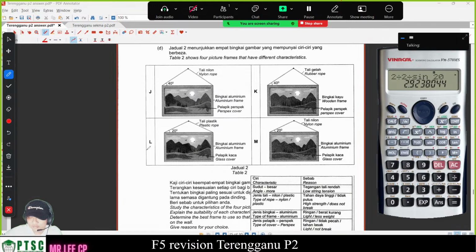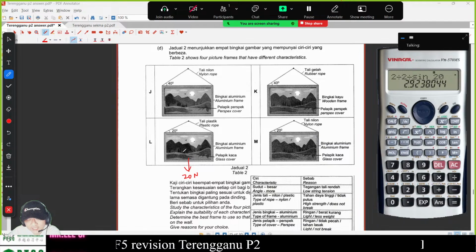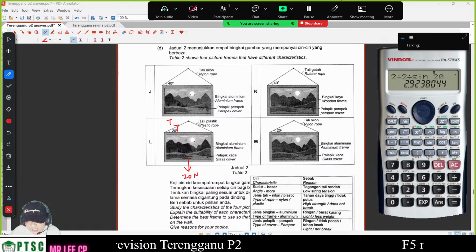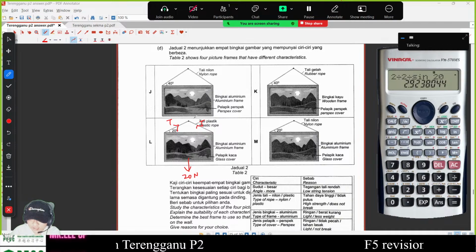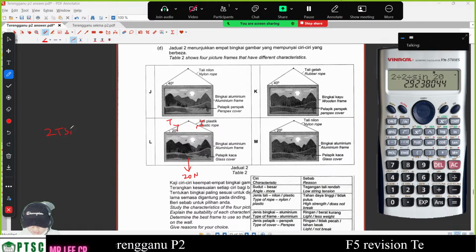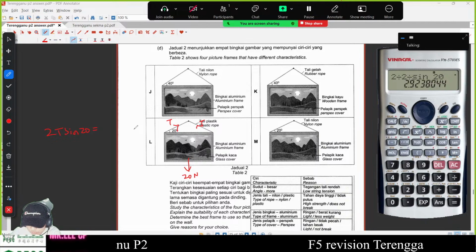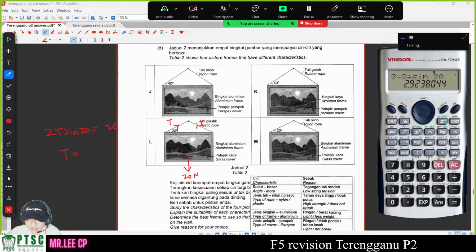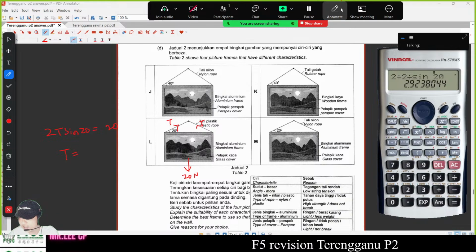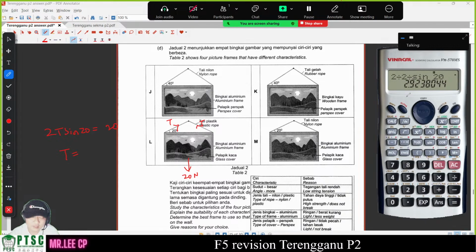Let's say this is 20. This is T, this is T. Right? T sine 20 plus T sine 20, 2T sine 20 is equals to 20. Right? T is 20 divided by 2 is 10, 10 divided by sine 20. Yeah, correct, 2.92.